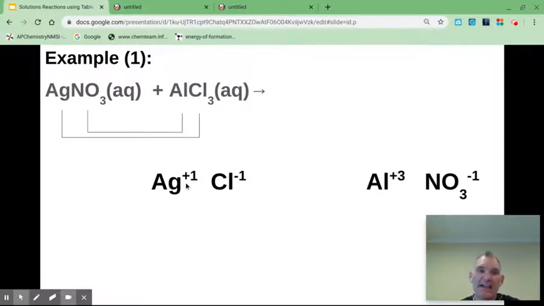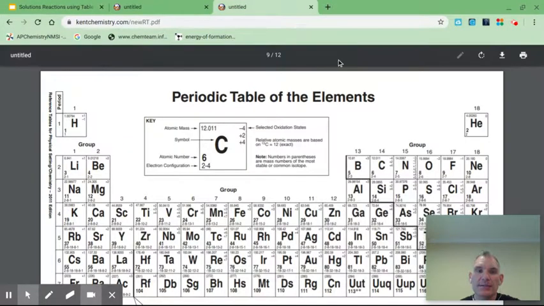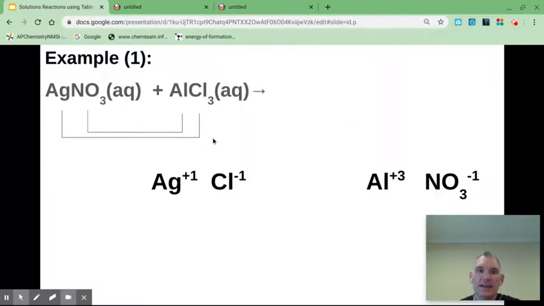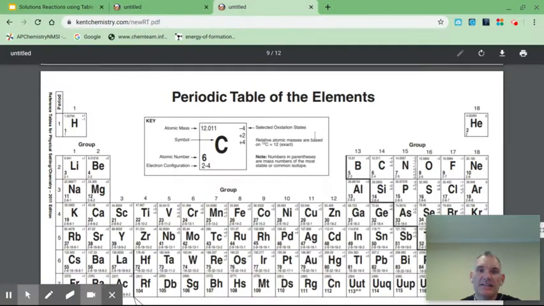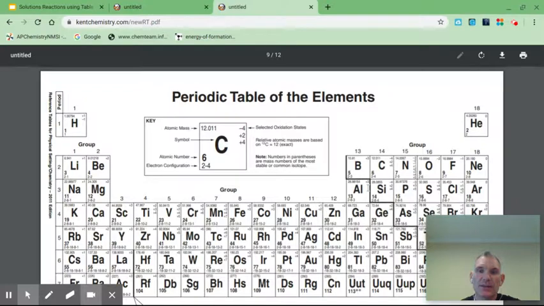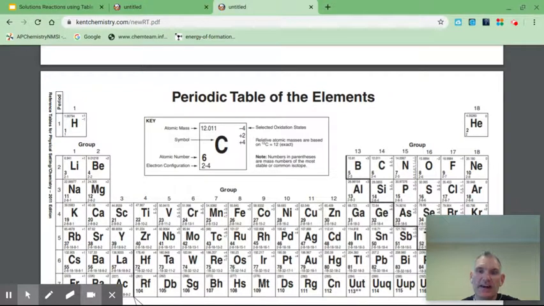So I can find Ag, Cl, and Al on my regular periodic table. Notice Ag is plus 1 right here. Cl is minus 1, right? And Al is plus 3. So notice where I found those, right in the top right-hand corner where it says oxidation states.